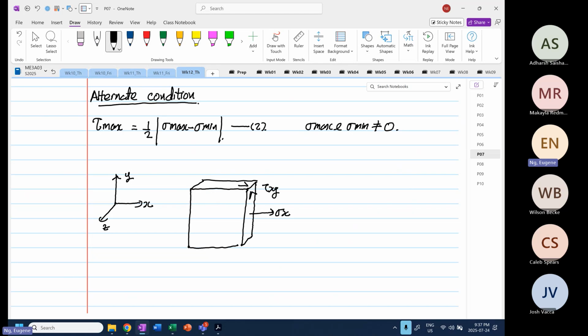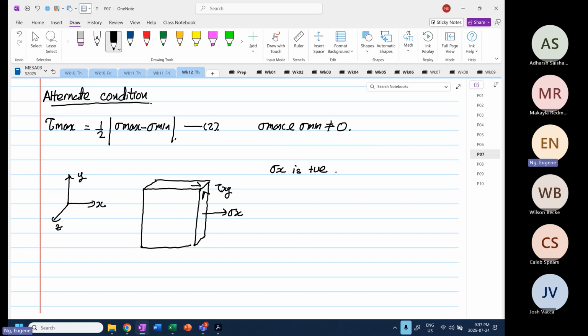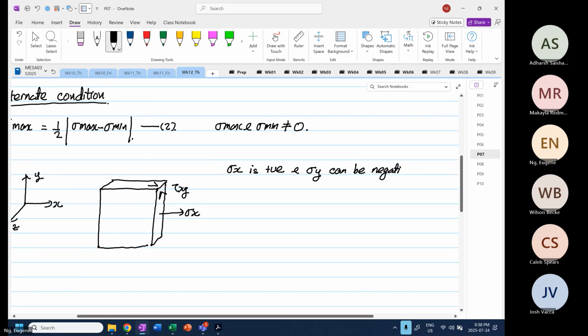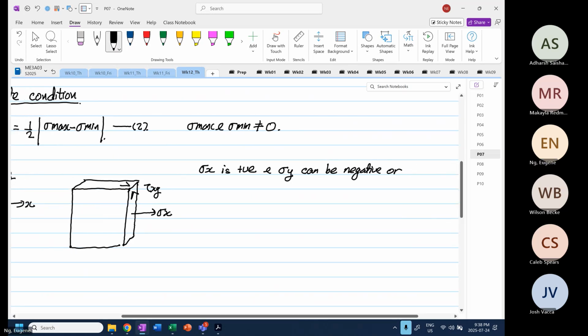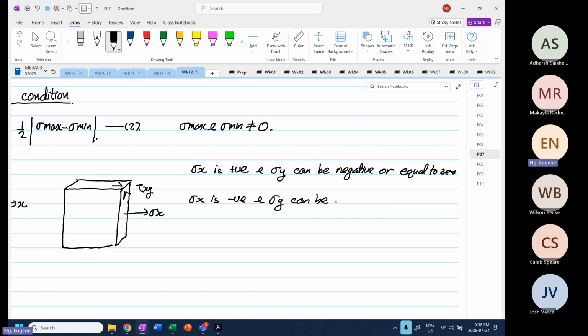What we can have is this: stress X is positive and stress Y can be negative or equal to 0, or you can have stress X negative and stress Y positive or equal to 0.